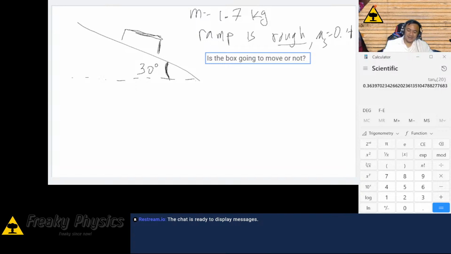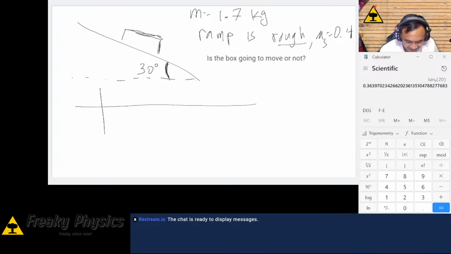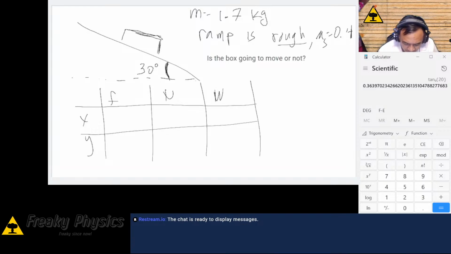I'll do that right now in my head. Actually, I can't do that in my head, I'll just solve it here. So I'm gonna go straight to the table because I'm pretty used to it already. Friction, N, W. This is gonna be mg sine 30 degrees. This is negative mg cosine 30 degrees.